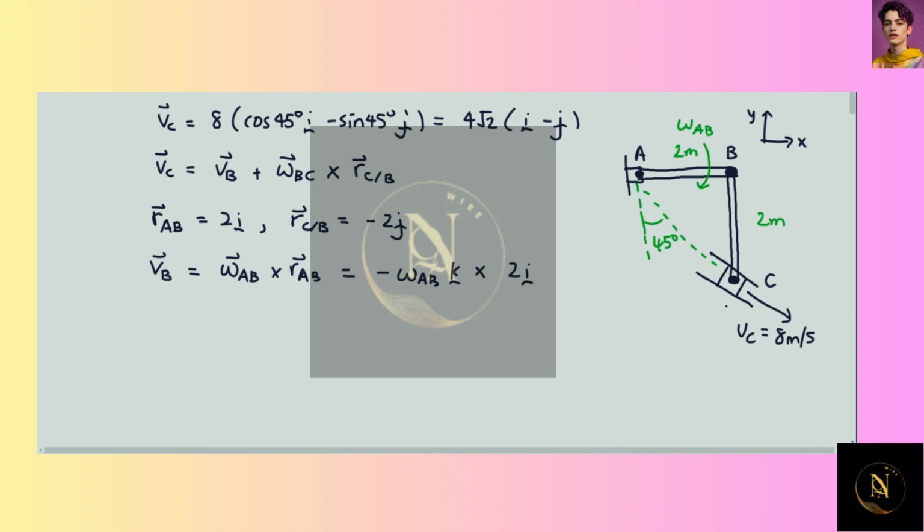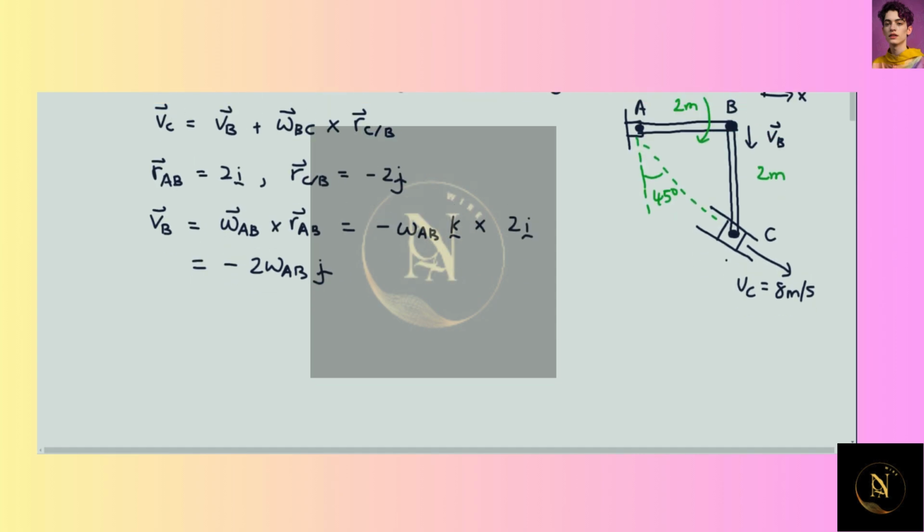So this is equal to minus 2 omega AB in the J direction. So we expect that VB is going downward, so that's why there's a negative sign, which makes sense. We don't know the direction of omega BC, so I'm just going to write it out generically in this manner.